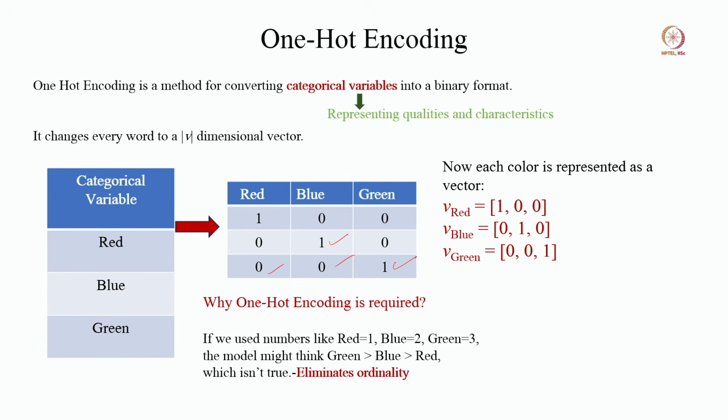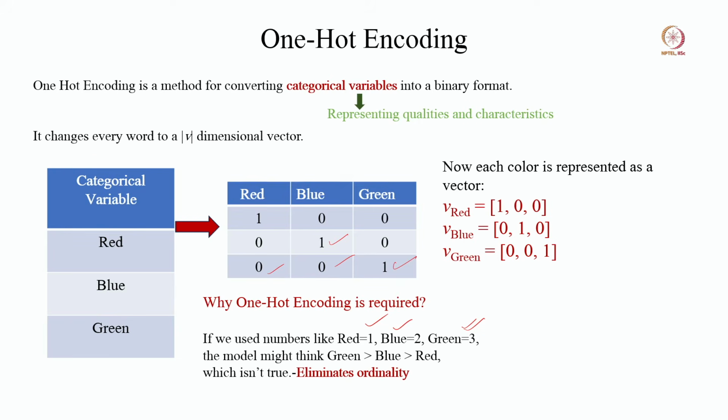Now, why is one-hot encoding required? Can I name them as red equal to 1, blue equal to 2, green equal to 3? If I do it, is there any problem? Let's try to see that. Suppose we use numbers like red equal to 1, blue equal to 2 and green equal to 3. The model might think that green, having number 3, is greater than blue, and blue is greater than red.